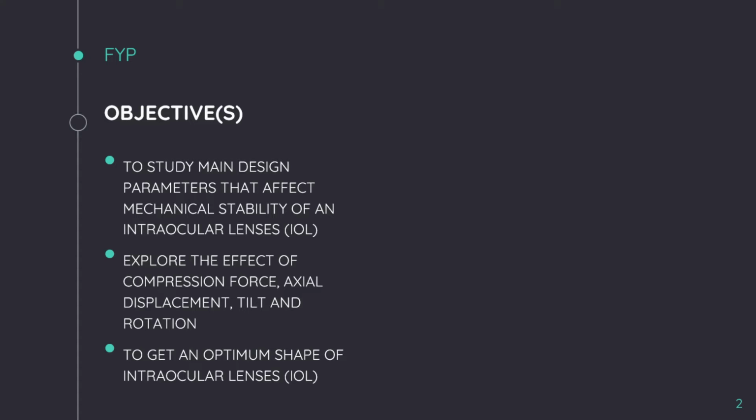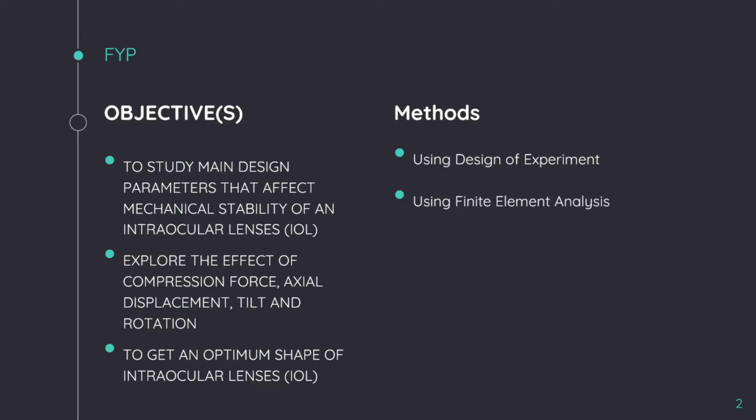Later, in the following slides, we will see whether I have completed all of the objectives stated or not. For the method, there are two methods for gathering data for my project, which are design of experiment and finite element analysis. Both of these will be discussed briefly in the following slides.